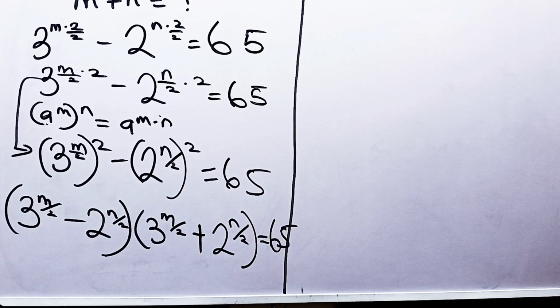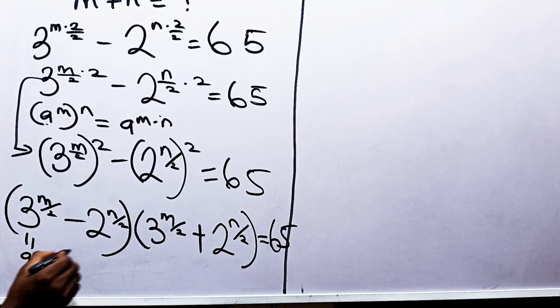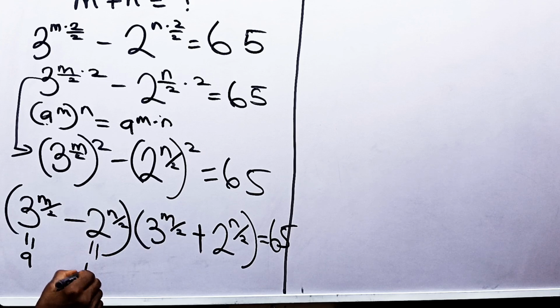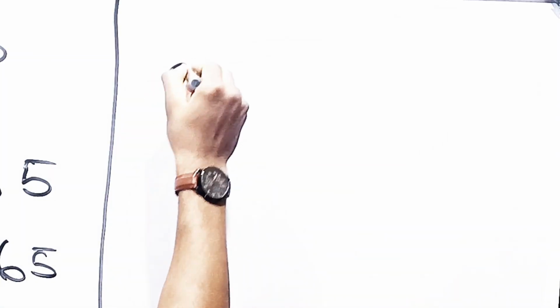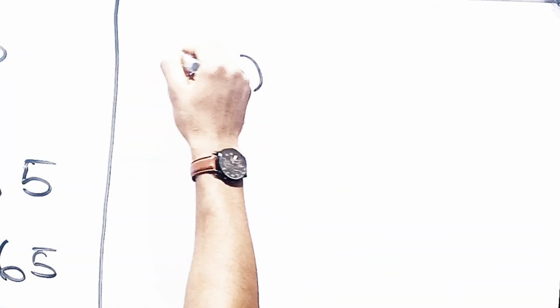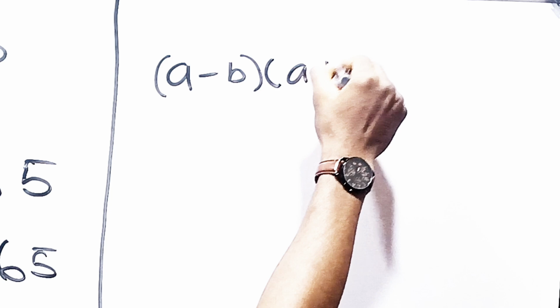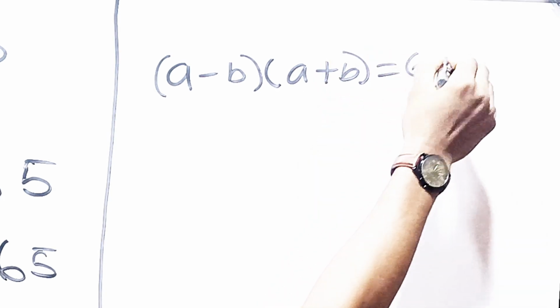Now, from here, let this be A and this be B. So let 3 raised to power m over 2 be equal to A and 2 raised to power n over 2 be equal to B. A minus B multiplied by A plus B is equal to 65.